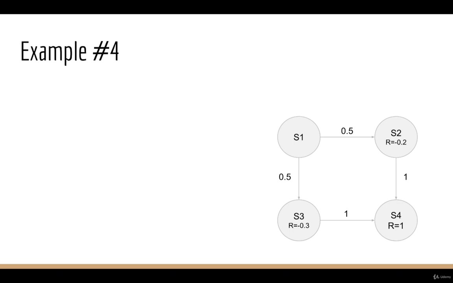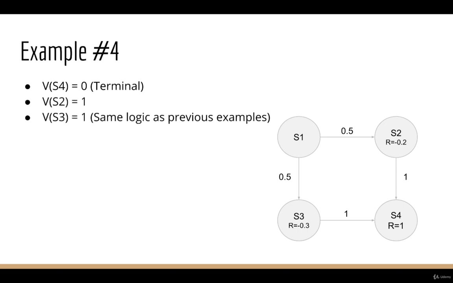So as usual, the value of the terminal state, V of S4, is 0. Everything that happens after you arrive in S2 and S3 is deterministic, and so it follows the same logic as the previous examples. So V of S2 is 1, and V of S3 is also 1. V of S1, however, must be calculated using expected values.